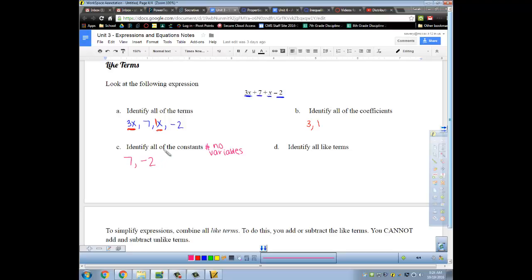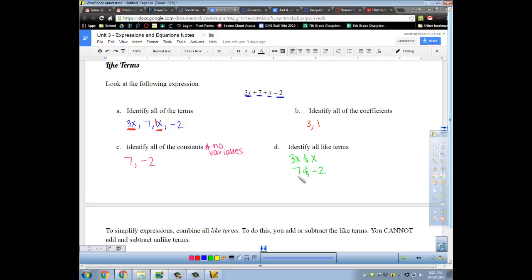Part D, identify all like terms. So like terms are going to be terms that either have the same variable or they don't have a variable. So here, 3x and x are going to be like terms because they both have an x. And then 7 and negative 2 are like terms because they both don't have an x.